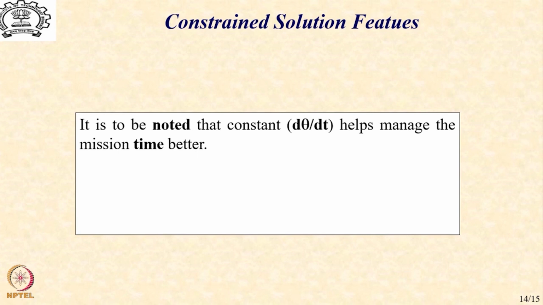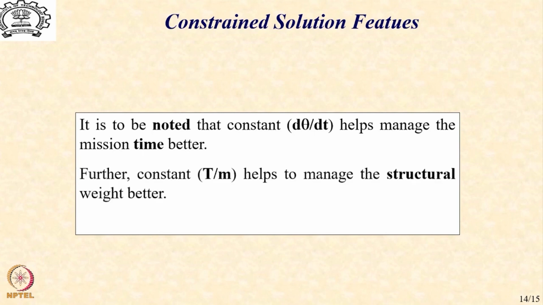While we will look at these in more detail in the next lecture, it is worth noting here that constant d theta by dt generally helps us to manage the mission time better. We will see how it happens.